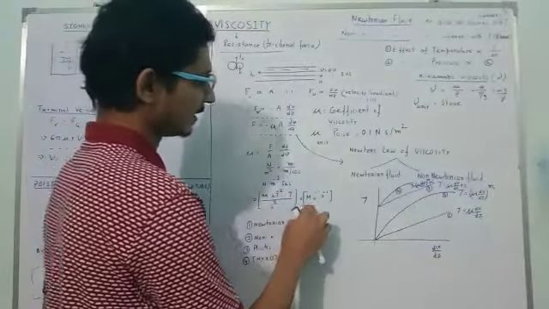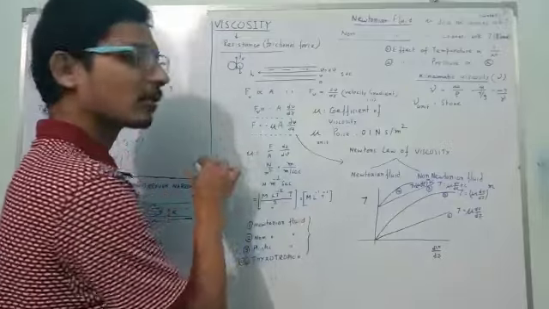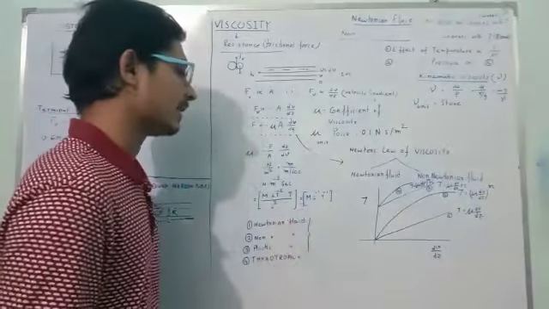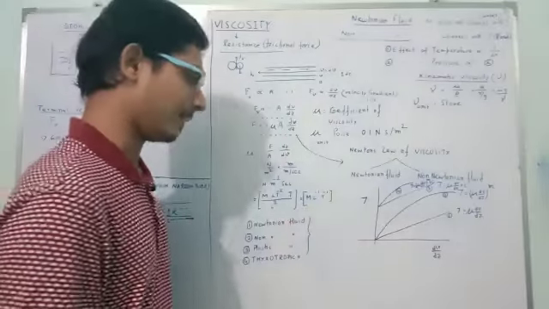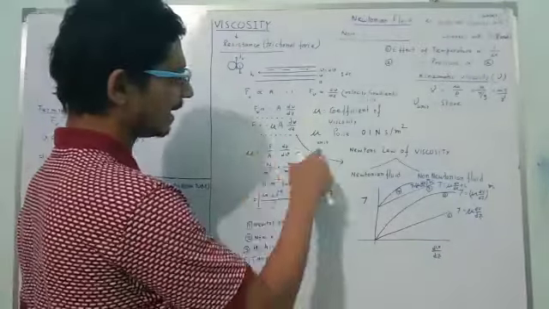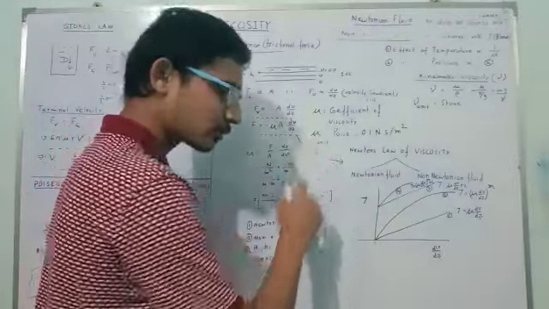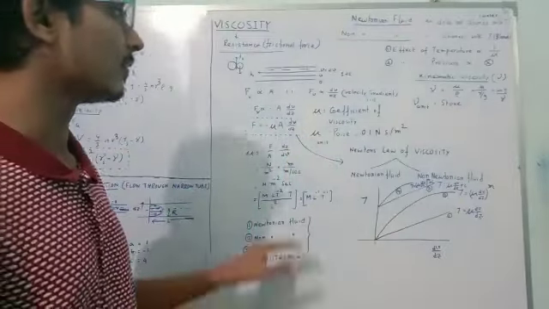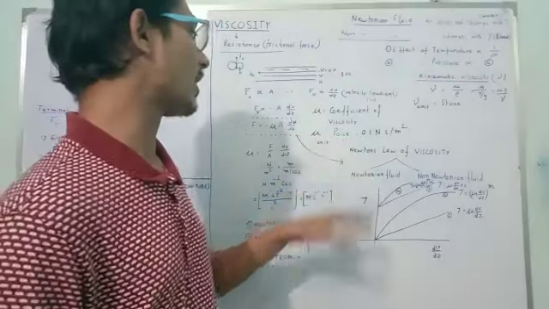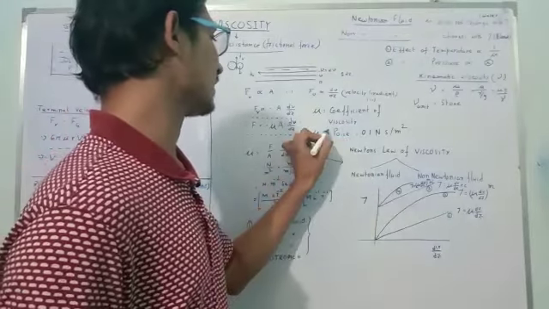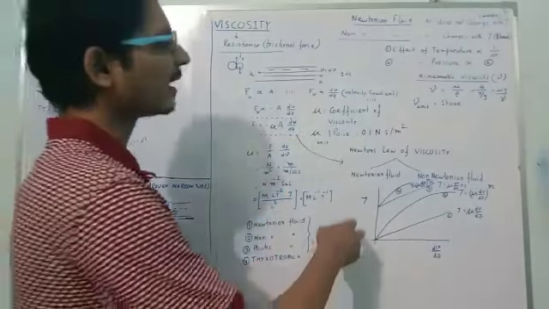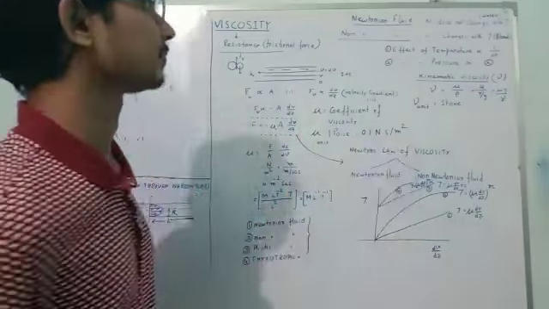The dimension of the coefficient of viscosity is M L to the power minus 1 T to the power minus 1. The most useful unit for coefficient of viscosity is called poise, and 1 poise is approximately equal to 0.1 Newton second per meter squared.